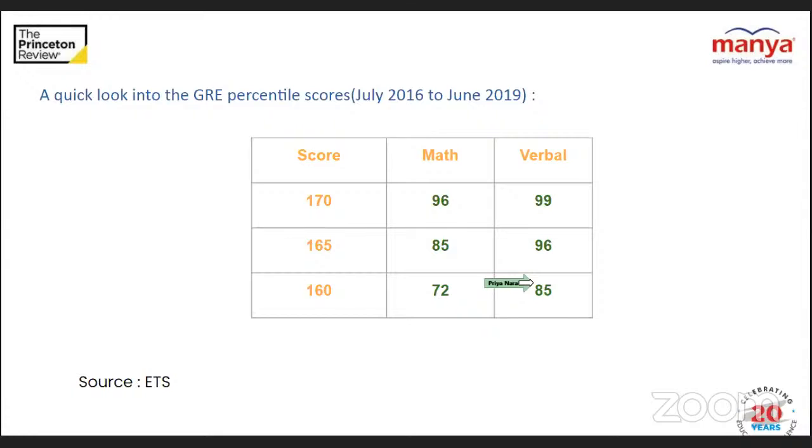This table is from ETS, of course. So this clearly shows how your scores should be. If you want to be on the top, you really have to think of a 320 and above always.